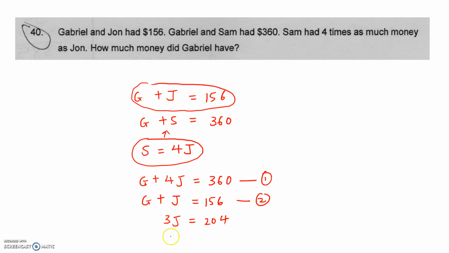Then we can find out that J is 204 divided by 3, you get 68. Then we put the J inside this equation again. So G is equal to 156 minus 68, which will give us 88. This is the answer. This one is equation format.